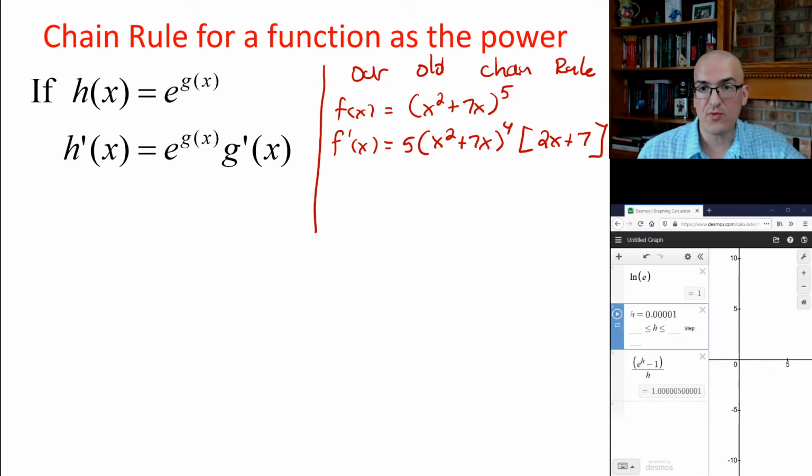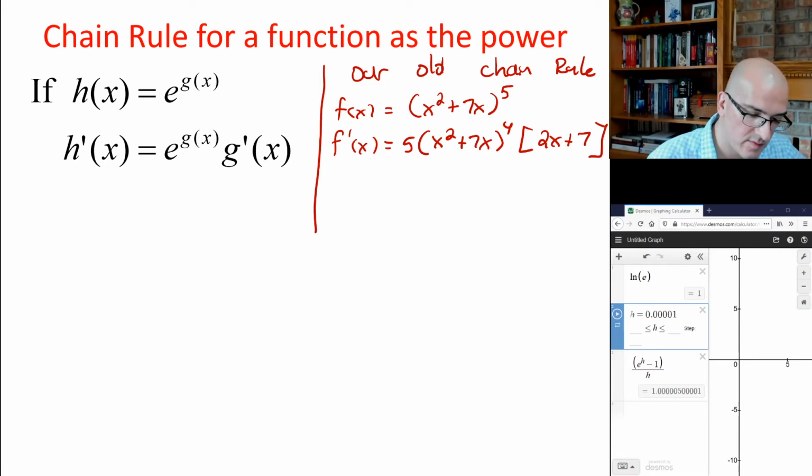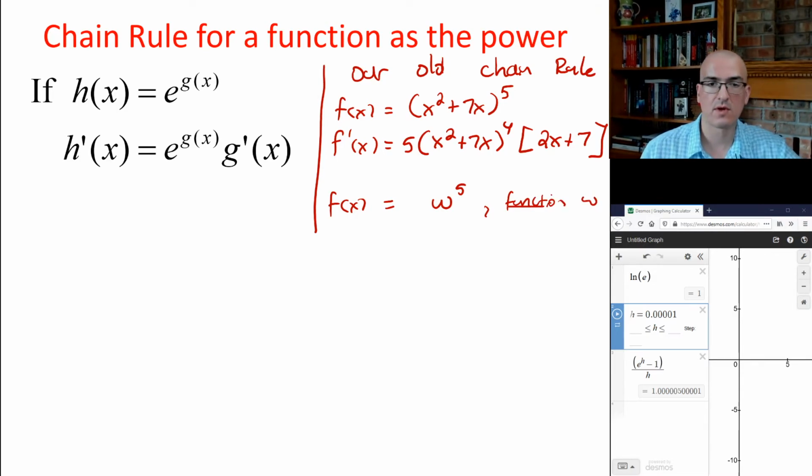Now, if we want to write this in a more general form, say f of x is some function w to the power of 5. So w is a function.